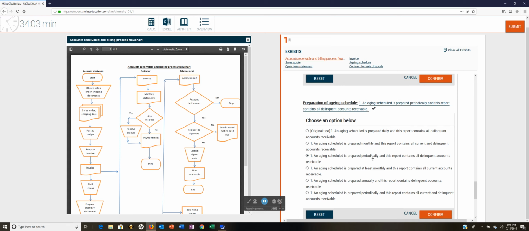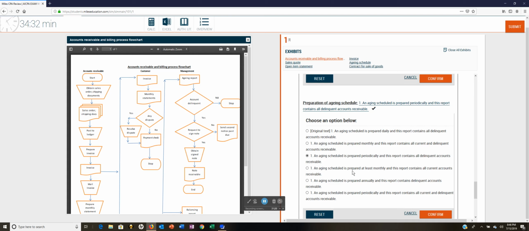An aging schedule is prepared periodically. Although the aging schedule will show what's currently due as well as the delinquent accounts. So that makes the answer I initially picked probably wrong.